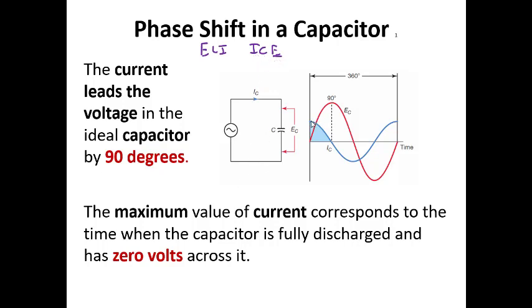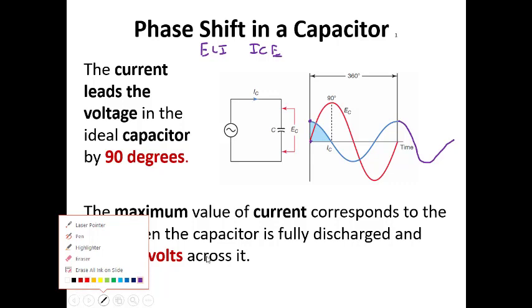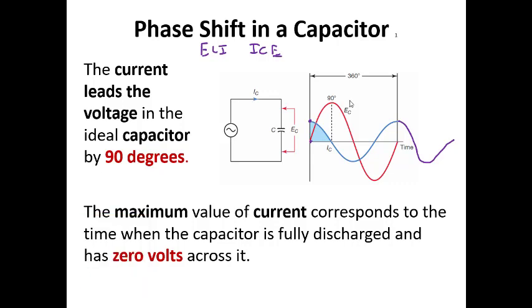So the current gets to its peak first when the voltage is 0, and it's going to start to go down. If we continued this out, we would see that the current is always going to get to its peak first before the voltage does. So it's kind of an inversion of inductance.